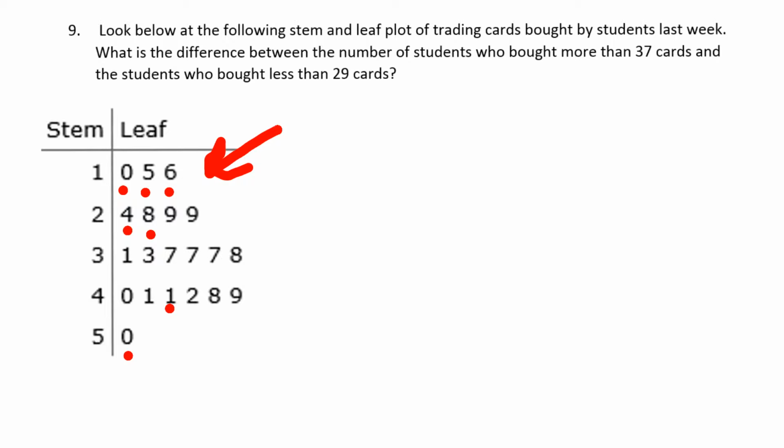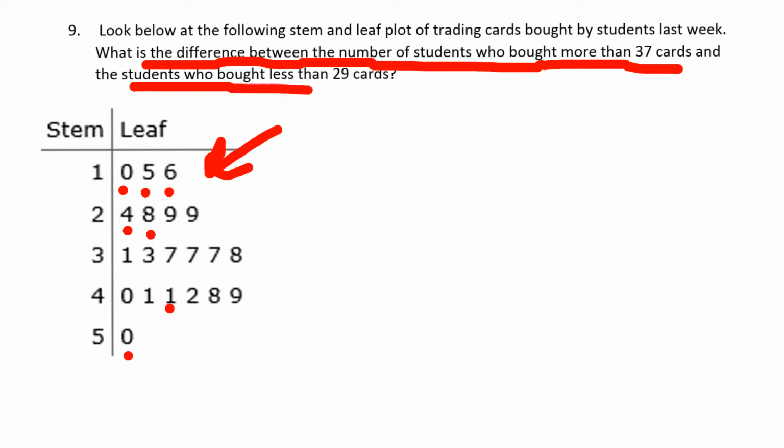The question says, what is the difference between the number of students who bought more than 37 cards and the students who bought less than 29 cards? So I like that. What is the difference between? The difference between tells me it could be subtraction. They're wanting to know the difference between the number of students who bought more than 37 cards and the students who bought less than 29 cards.